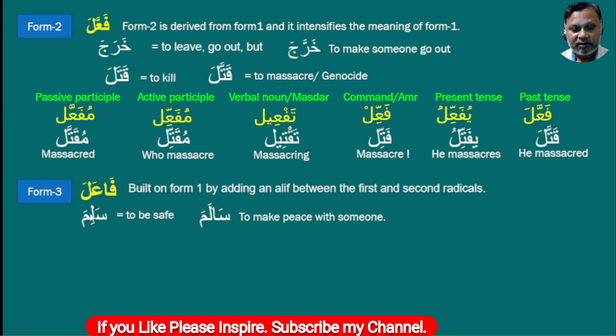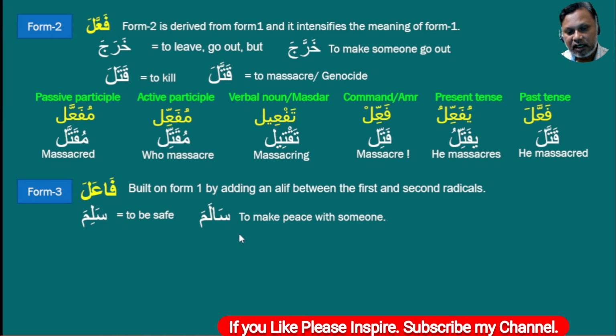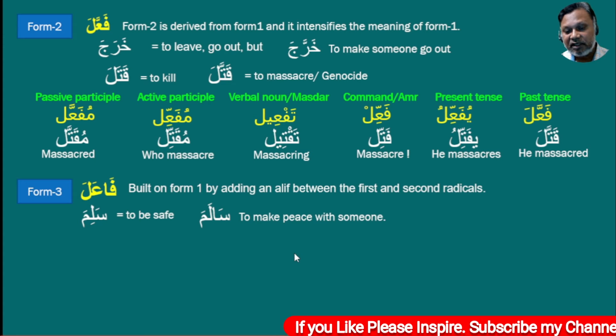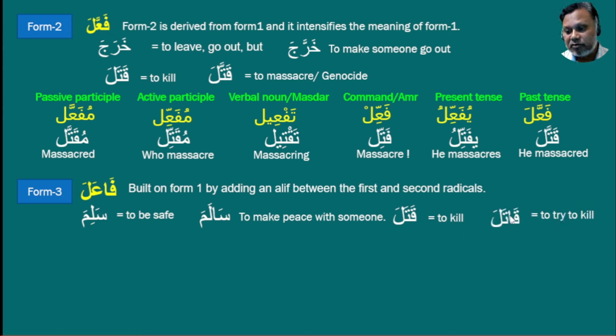The difference is that salima means to be safe yourself, and saalama means you are making peace for both you and others. To make peace with someone is a peace agreement. Saalama is used in this way. Like katala means to kill, and if we put alif, it will be kaatala. Kaatala means to try to kill.